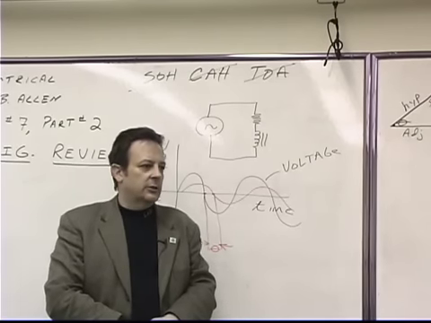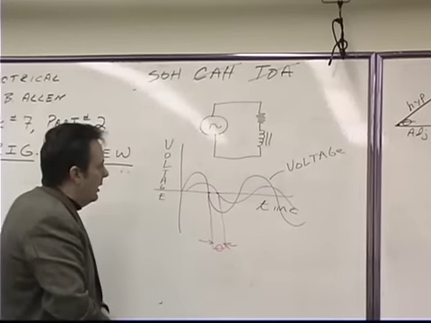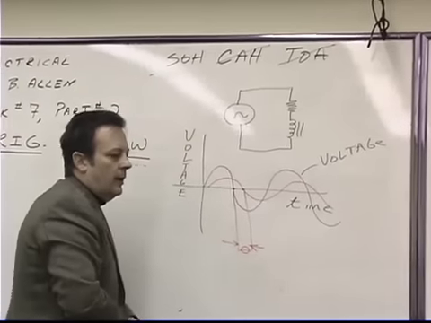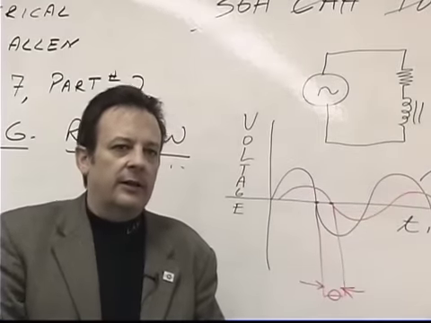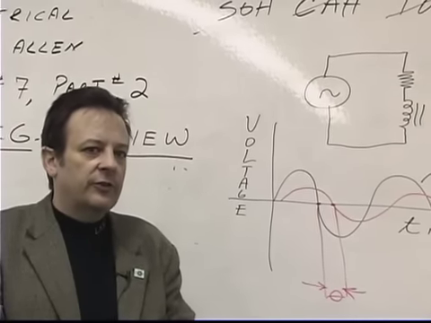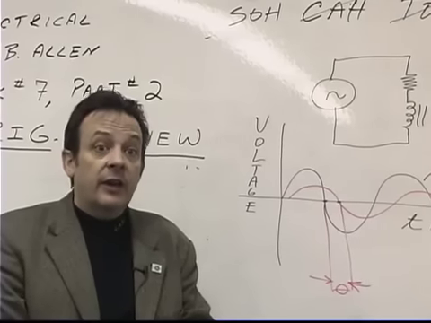Other questions? That was a good question. The question was, does this have something to do with a phenomenon that we study in electrical engineering called power factor, which is directly related to efficiency? And the answer is yes.